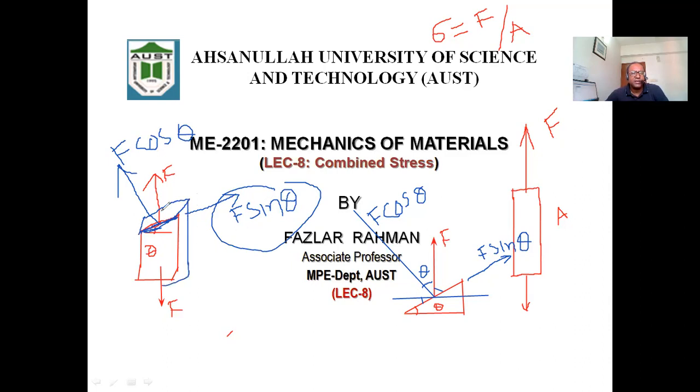So this F sine theta working along this surface in this direction, so this is shear force. And F cos theta working normal to this surface, outward. So right over here you see only normal force working, no shear force. But if you cut the body at a certain angle, then there is one shear force and one normal force working.